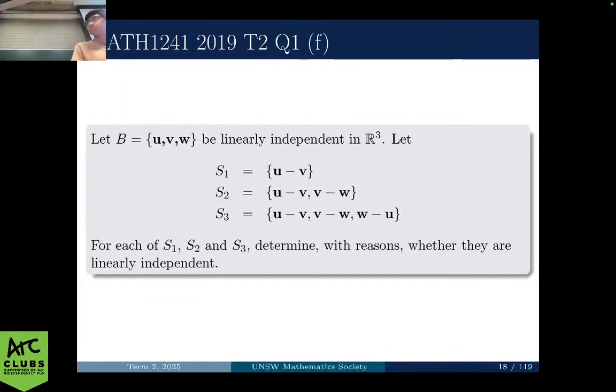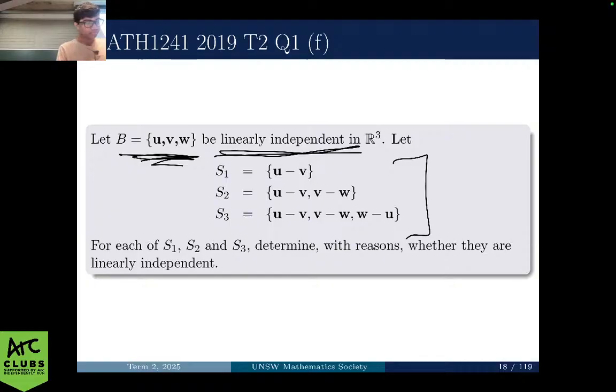Let's consider a case. If I know that B here is vectors u, v, w, and I'm going to say this is linearly independent in R3. So I have these sets S1, S2, S3, and I want to determine, with reasons, whether these are linearly independent or not.